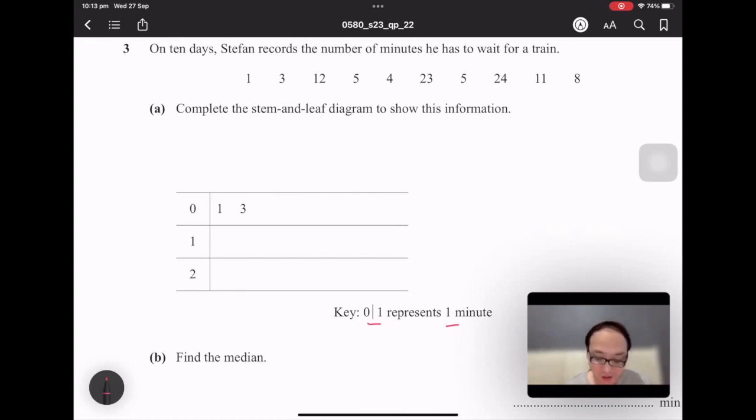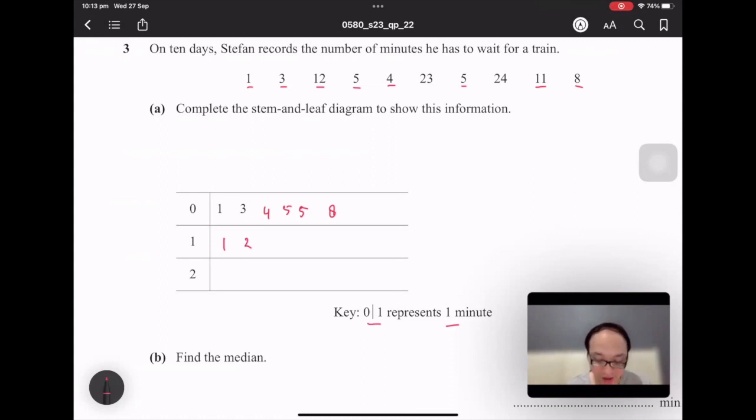So for 0, we will have 1, 3, 5, 4, so 4, and then we have 2, 5, and then we have 8. That's all. And for 10, we have 12 and 11, so 1 first and then 2.